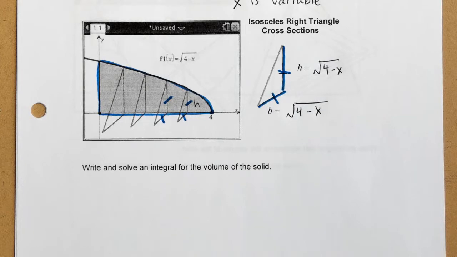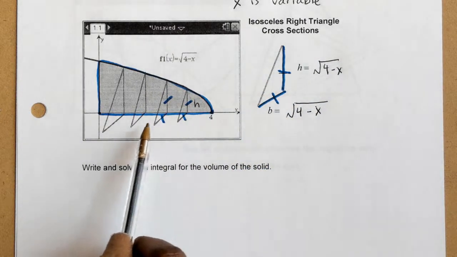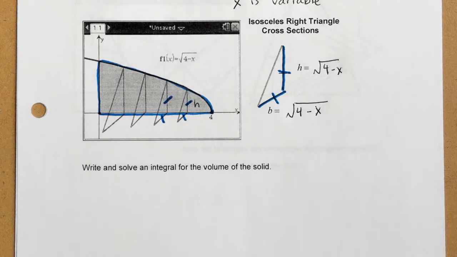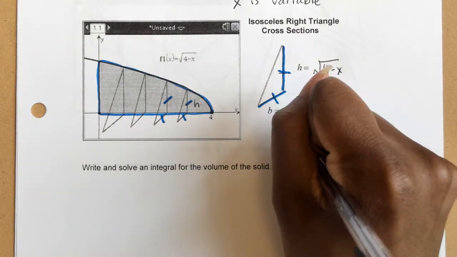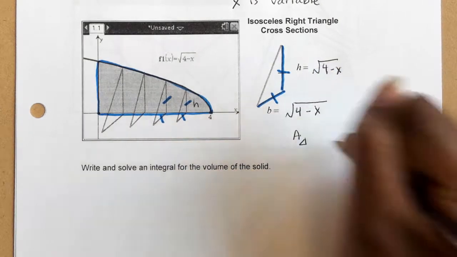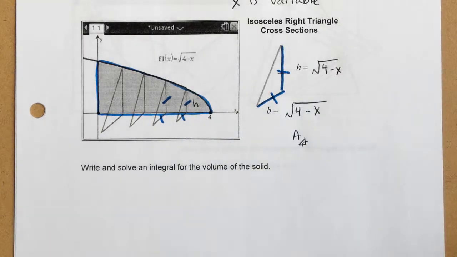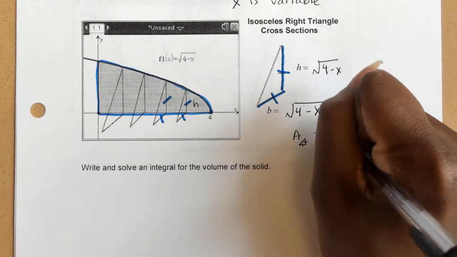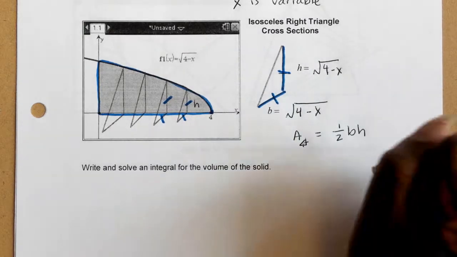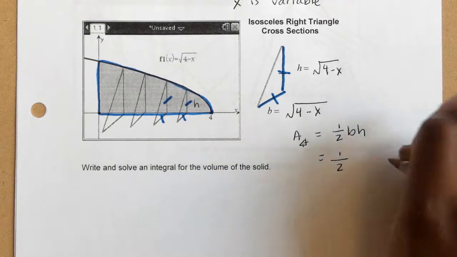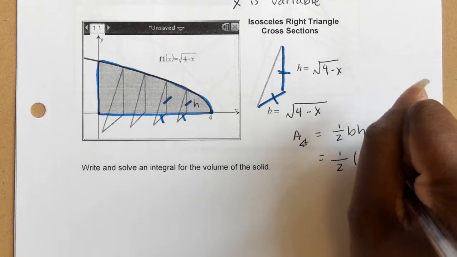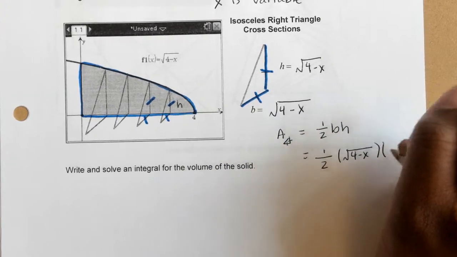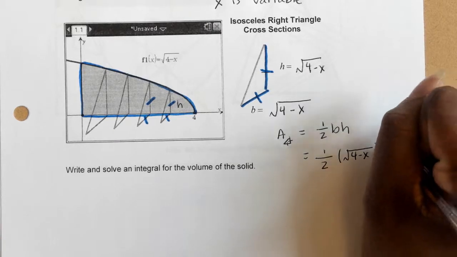Okay, so now what we want to do is find the area of the right triangle, because all of the areas of those triangles added together will give us the volume of the solid that we've created. We know the area of a right triangle is 1/2 base times height. So we'll have 1/2, and our base is square root of 4 minus x, and our height is also square root of 4 minus x.